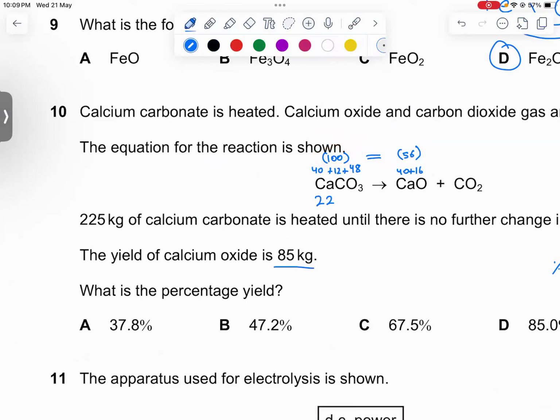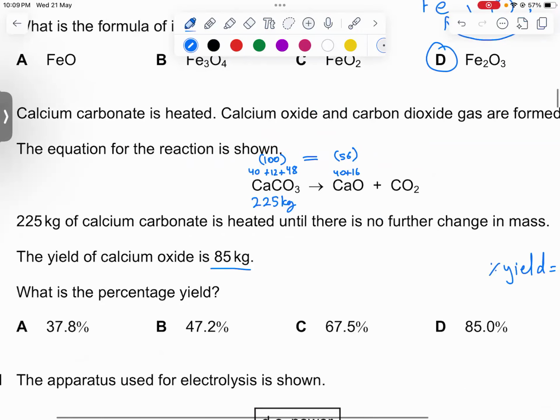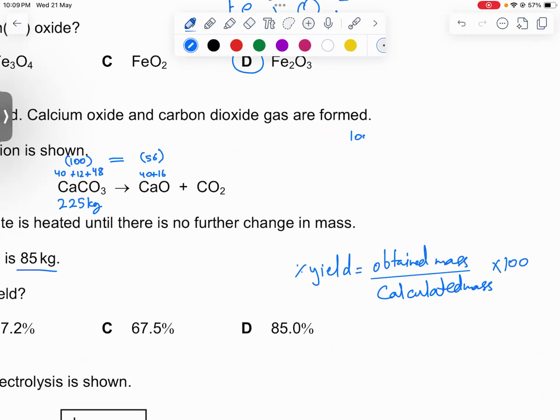So if we say 225 kilograms, right? So let's make it unitary method. If 100 kilograms of calcium carbonate was used, we would have gotten 56 kilograms of calcium oxide. All right. So if 225 kilograms of calcium carbonate is used, how many kilograms of calcium oxide would be produced? We just cross multiply.